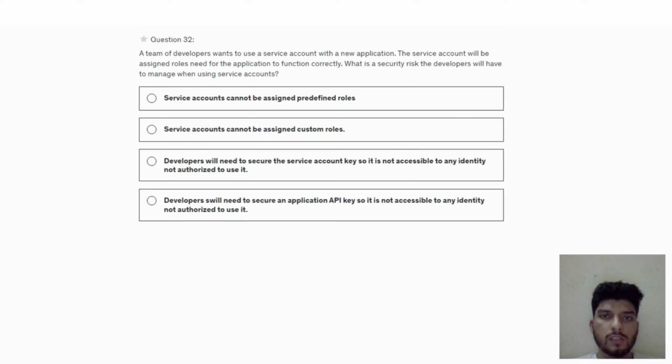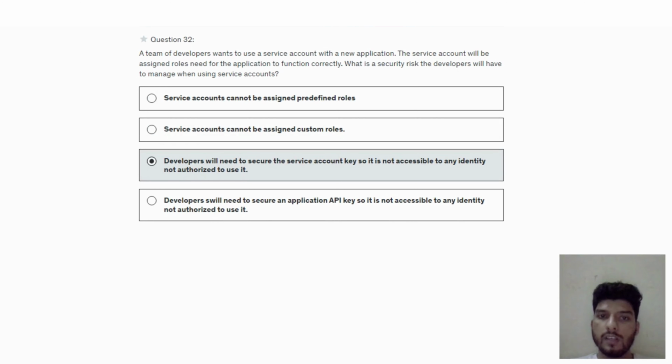So this is a question. A team of professionals wants to use a service account with a new application. The service account will be assigned the roles needed for the application to function correctly. What is the security risk the developer has to manage when using the service account? Option one is the Google service account cannot be assigned predefined roles, and the service account cannot be assigned custom roles.